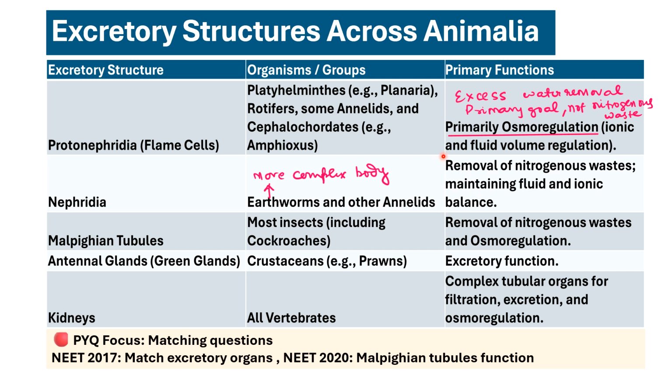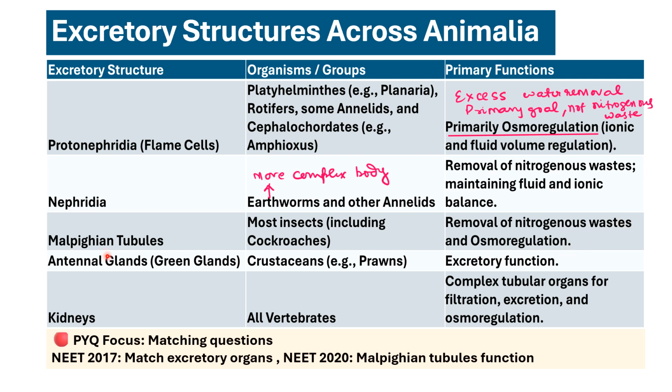So Nephridia has two roles, but Protonephridia has the main role of osmoregulation. The third type of structure is Malpighian tubules, found mostly in insects. Example, cockroach. This is very important, and again the main function is both removal of nitrogenous waste and osmoregulation.